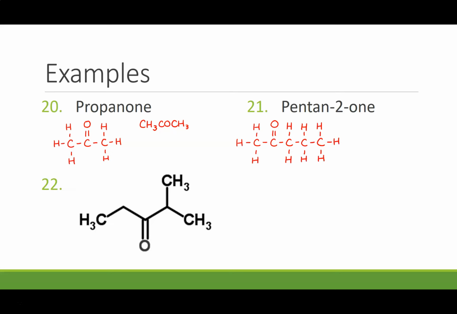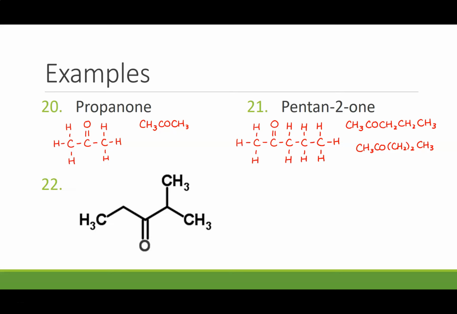And the condensed structural formula would be CH3COCH2CH2CH3. We can condense this even further by writing CH3CO(CH2)2CH3.